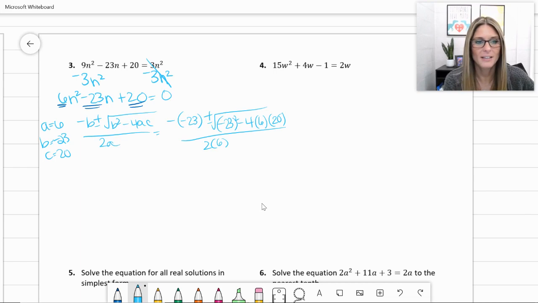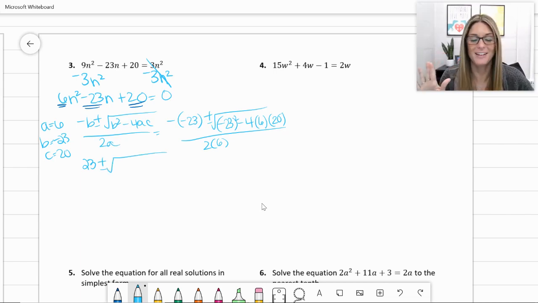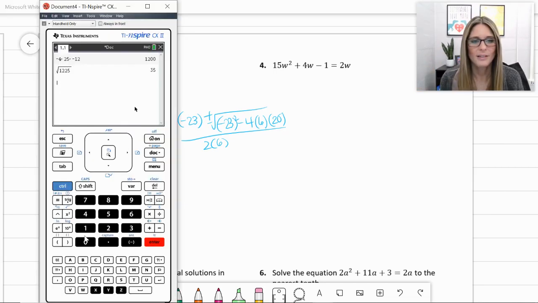Okay, start simplifying a little bit. Those two negatives at the beginning of our quadratic formula are going to make a positive 23 plus or minus the square root of, hey, I don't know negative 23 squared, so let's throw it in the calculator. Make sure you use parentheses around that negative 23 before you square it, because this value should always be positive 529.